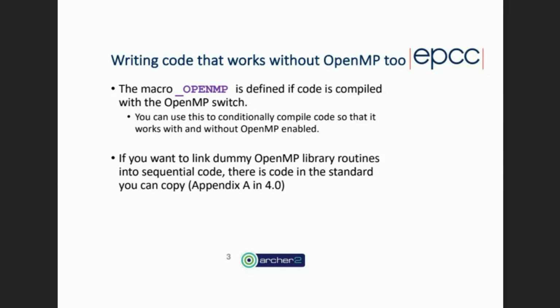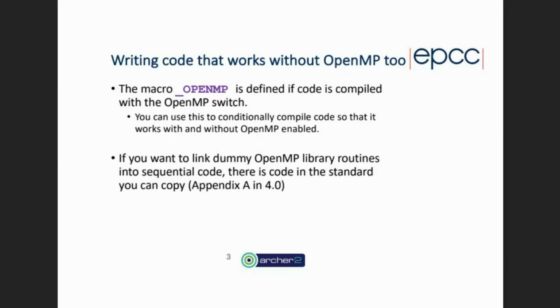The way that OpenMP directives are designed is to help you write code that functions both as a parallel OpenMP code and as plain old sequential C, Fortran, or C++. That's fine, but if you have runtime library routines in there as well, then you need to take care of those if you're not compiling with OpenMP.